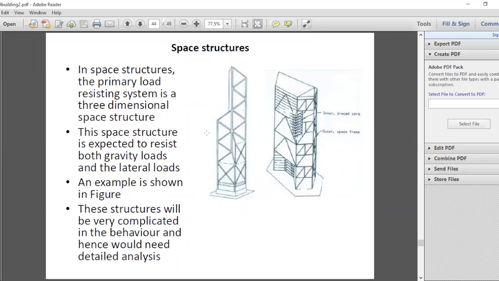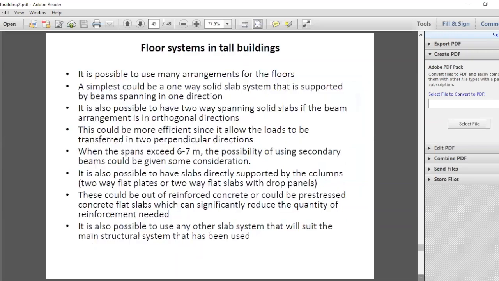So this is called the Hong Kong Bank building. If you just type Hong Kong Bank building on the internet, you can see the actual structure of this one. And similarly, in places like Dubai, very special structures have come up. They are all a combination of all these different systems that we have looked at.